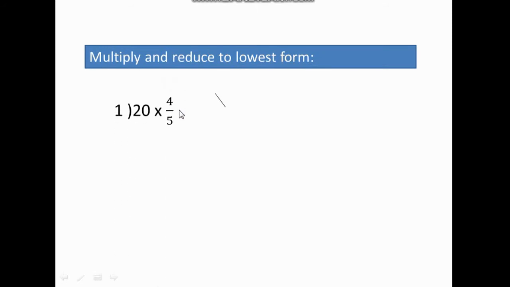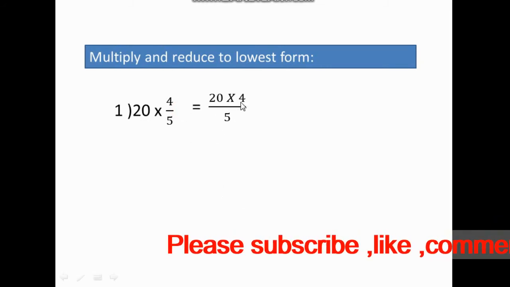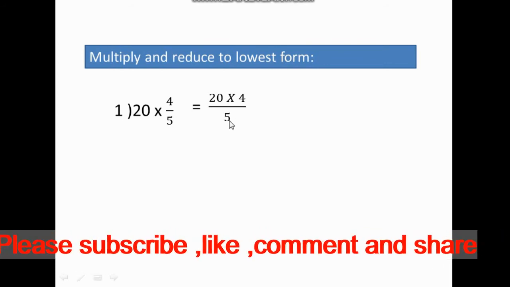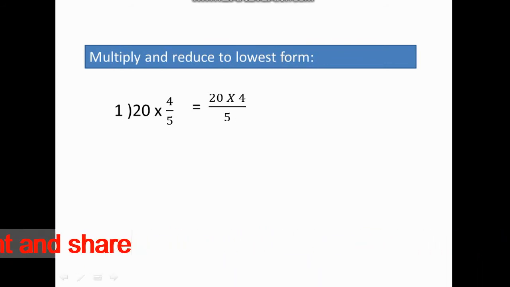Here I am going to do one trick. I will show you how to multiply this one. Here you can see one whole number 20 and one fraction 4 by 5. How to multiply this one? 20 multiplied by 4, keeping the denominator the same, that is 5. Just look at all these numbers, here 20, here 4, here 5.